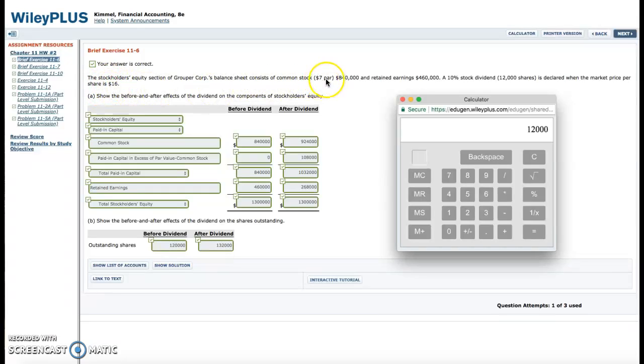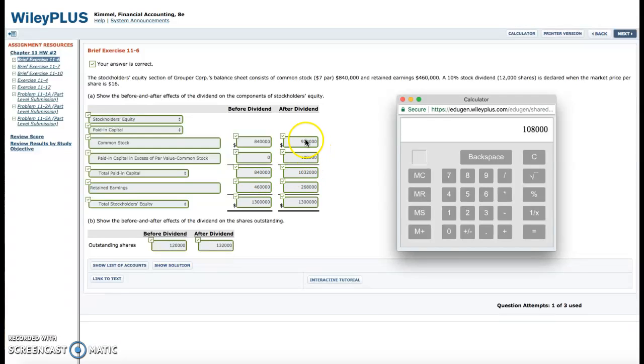So you do sold at 16, subtract a par of 7, and you're going to get $9 a share, which is the excess per share. You can multiply that times the increase in shares, which at 10% of the shares is going to be 12,000 shares. And the total is $108,000 for the paid in capital in excess of par value common stock.